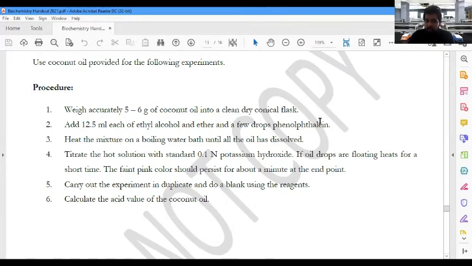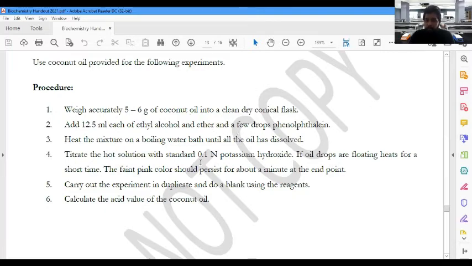Phenolphthalein we use as the indicator here. Then we have to boil that on a water bath for about 1 minute, until this content dissolves well.